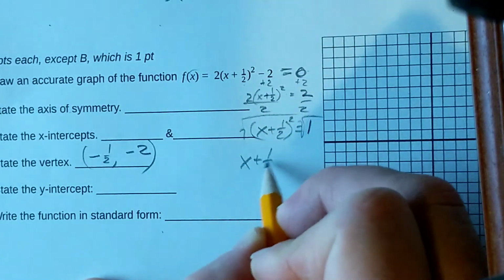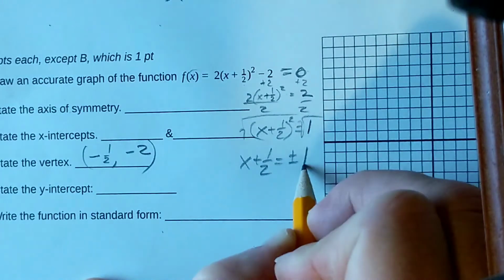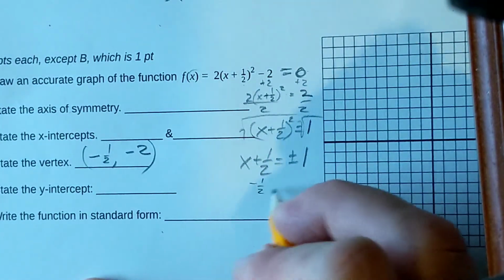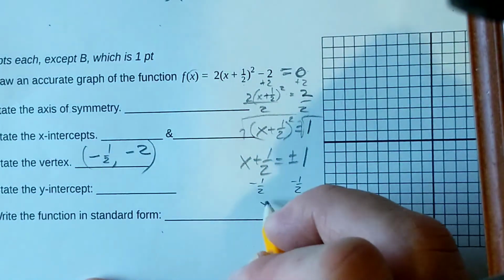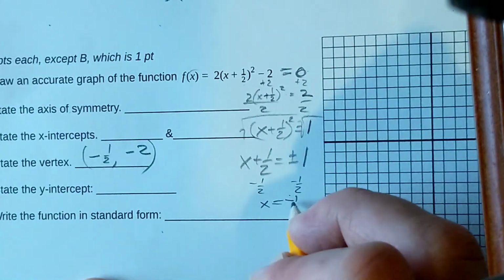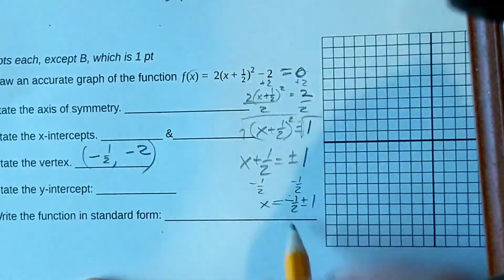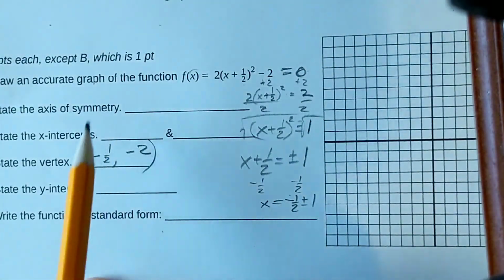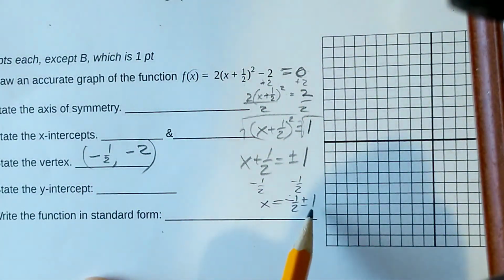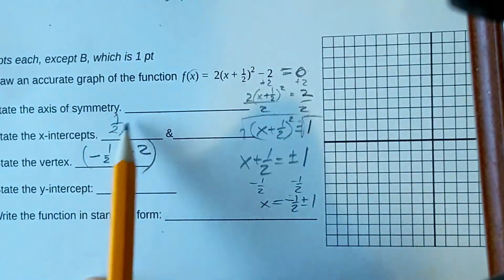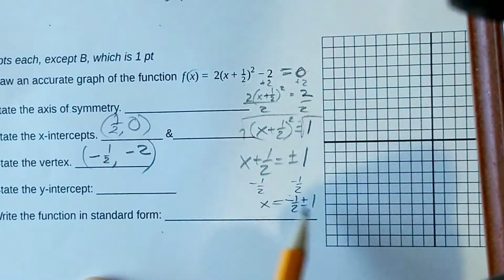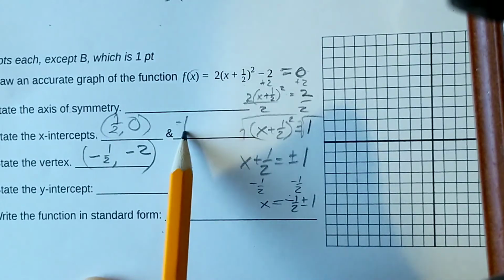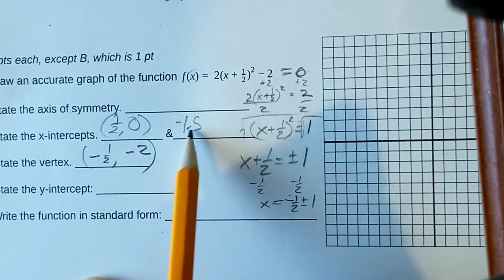X plus 1/2 equals positive or negative 1. Minus 1/2. And x equals negative 1/2 plus or minus 1. So the x-intercepts are at negative 1/2 plus 1 is 1/2. And negative 1/2 minus 1 is negative 1.5, fine, I'll do it. 0.